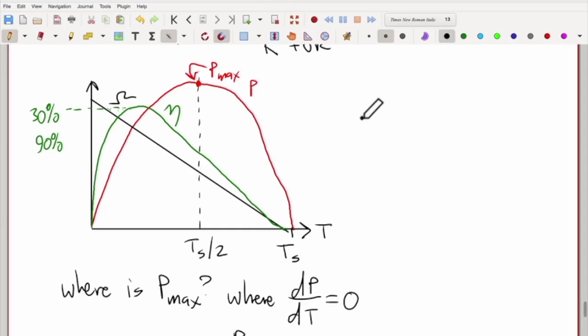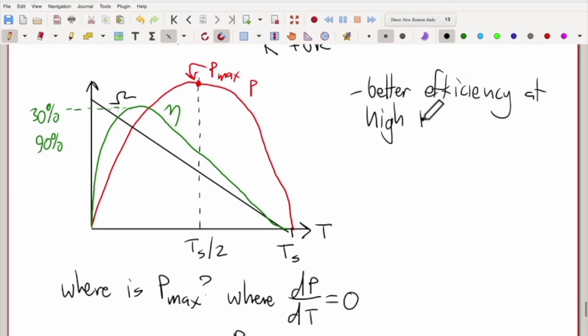Maybe I'll just make some remarks here. We get better efficiency at high RPM over here, but you get that higher efficiency at the cost of lower power here.